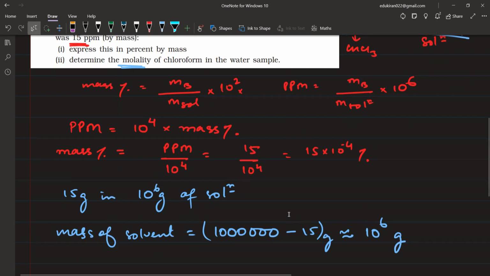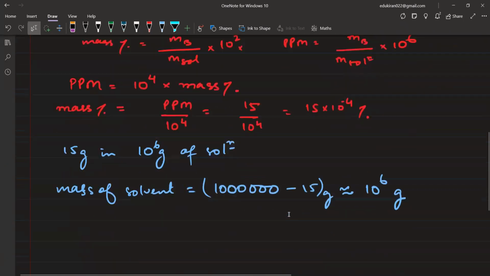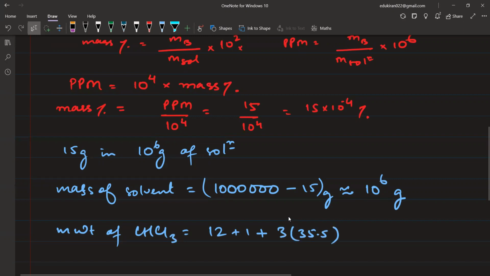Okay, now CHCl3. What is the molar mass of CHCl3? Carbon का 12 plus 1 plus hydrogen का 1 and 3 into 35.5. Calculate the molar mass. Molar mass calculate, मतलब molar mass आपको बहुत calculate करना पड़ेगा.